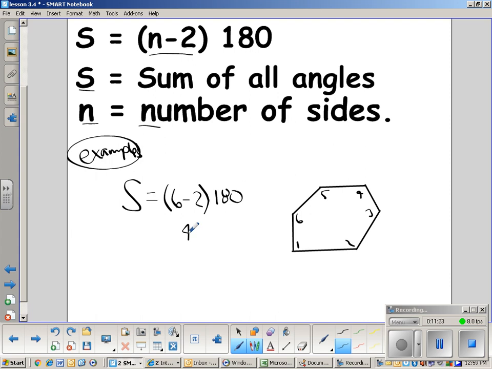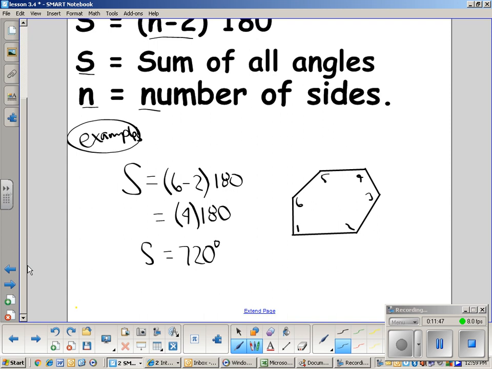Someone told me 12 earlier today. They thought I said 6 times. What's 4 times 180? 720. So the sum of all the angles of this polygon are 720 degrees.